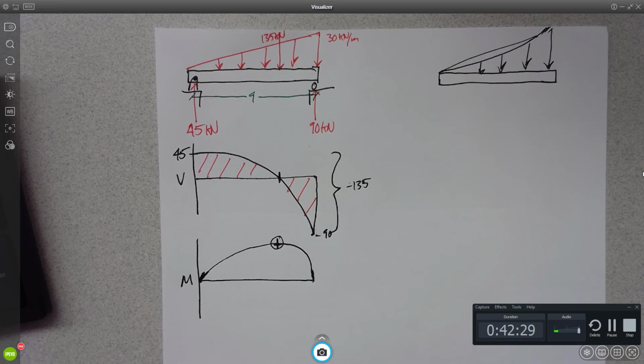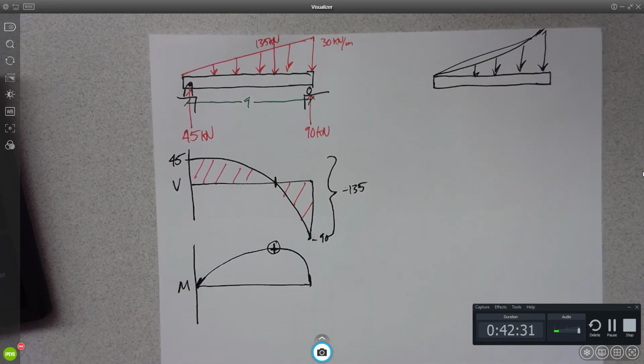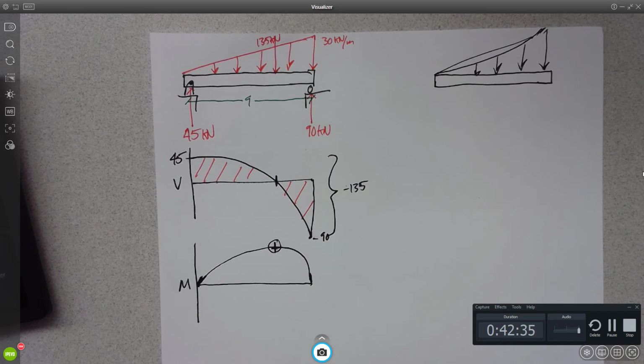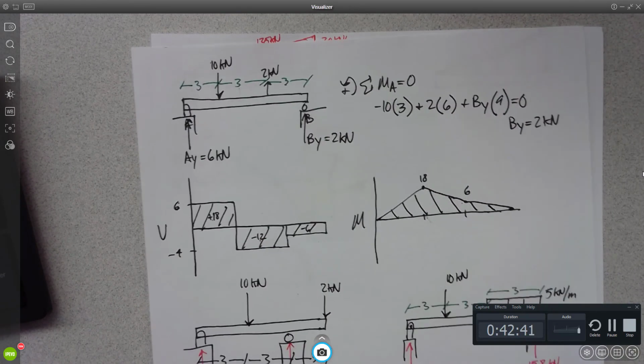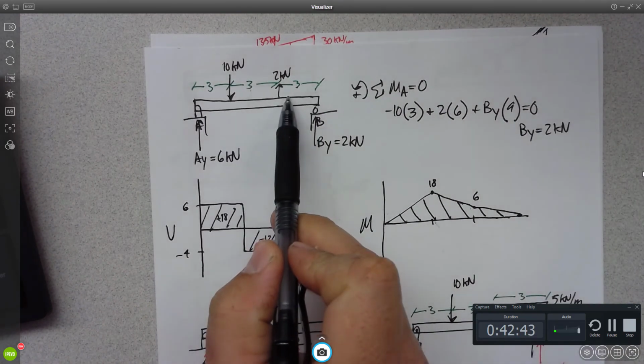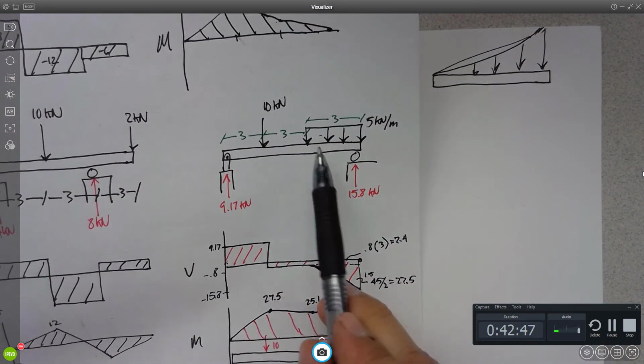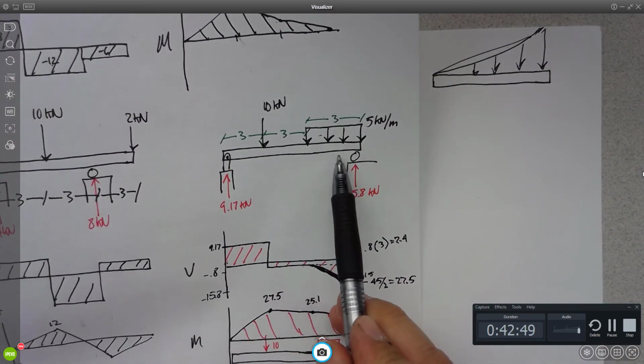Okay, so how could we solve this? Well, gosh, this is where we have to go back to our original method, right? This graphical method works great when we're dealing with just point load forces, or when we're dealing with very simple rectangular loads.